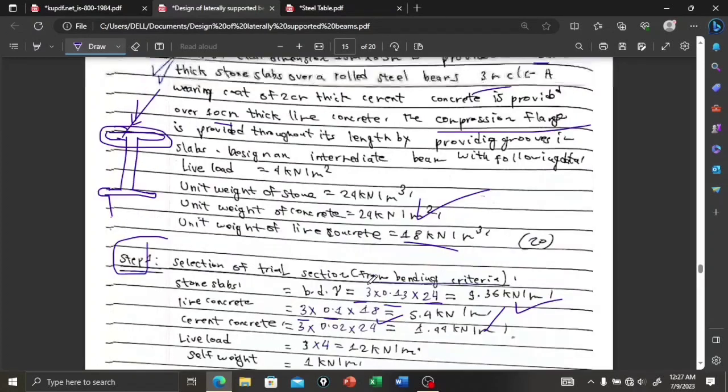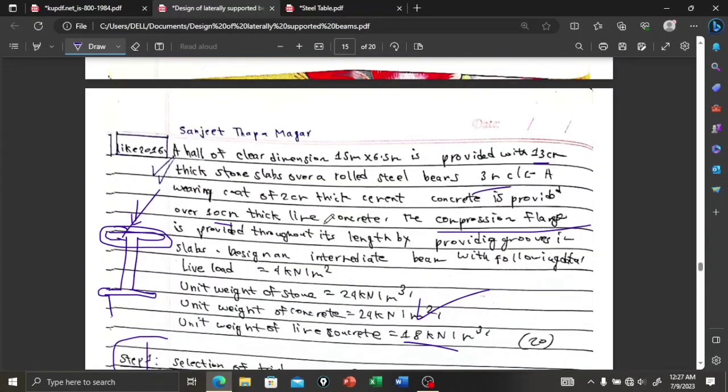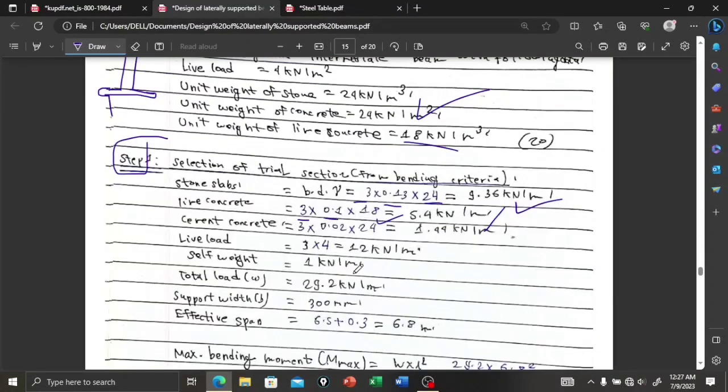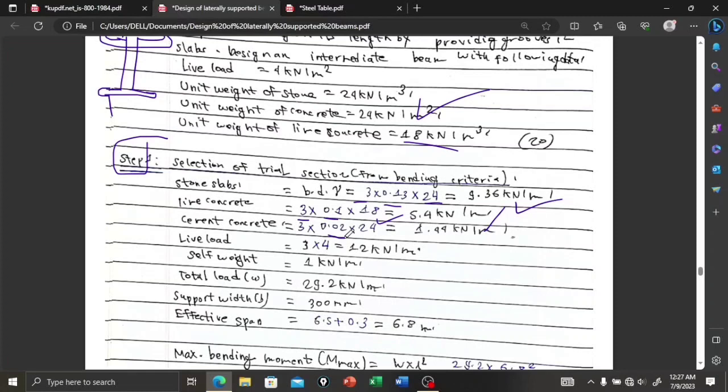Cement concrete, 2 centimeter thick, 2 centimeter is 0.02, and this is center to center distance, and 24. For cement concrete it is 24, so it is 1.44.